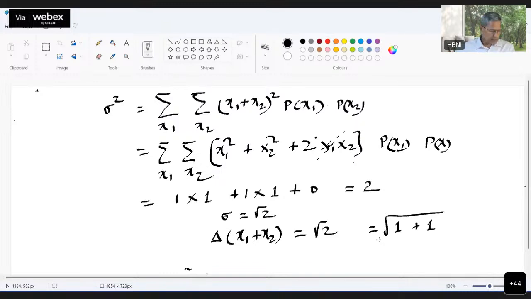So you can see, suppose you have two quantities. The variation in two quantities, if you want to calculate x1 plus y1, can be written as the square root of delta x square plus delta y square.